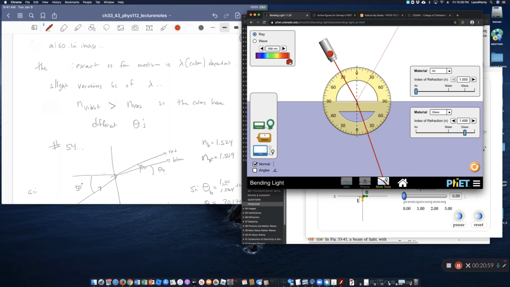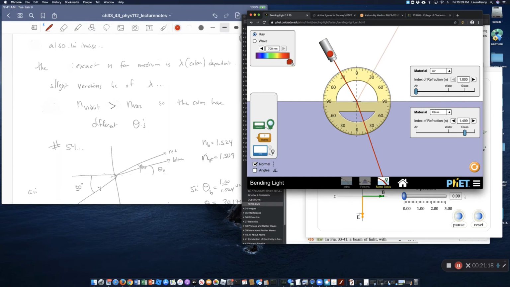But if we watch as I move the wavelength all the way from the red to the blue, notice it actually moves slightly. You get a slightly different angle going from red over to the purple.